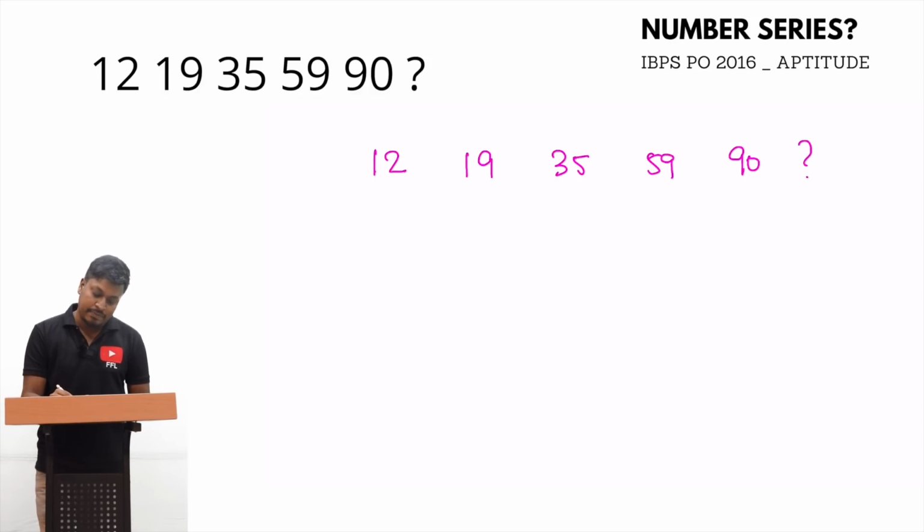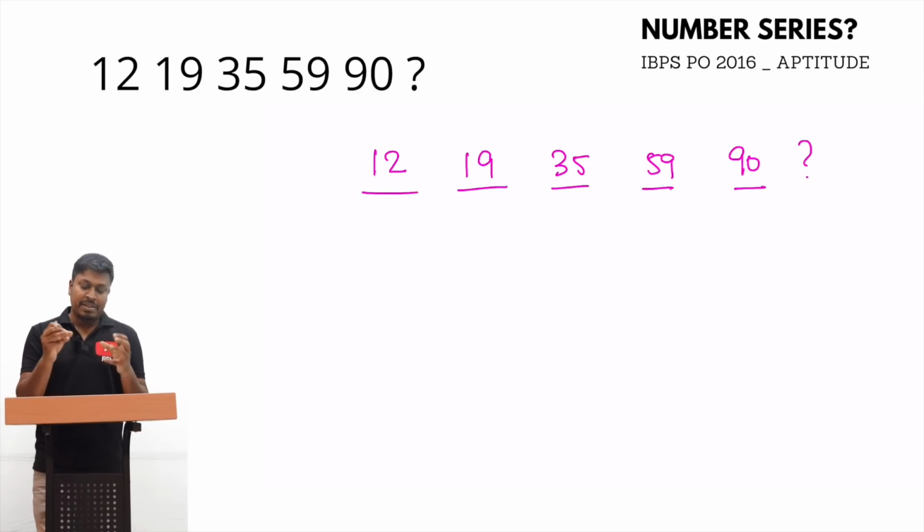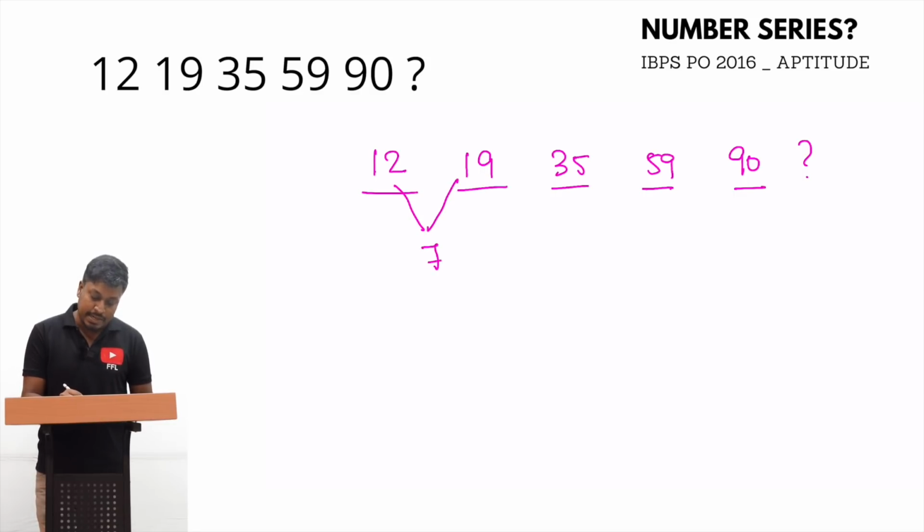But when you see 59, 90, 35, 19, 12, between the numbers there is not a huge difference. So let me go with the difference of the numbers. So the difference of the numbers is 7 here. So the difference is 16. So the difference is 24.